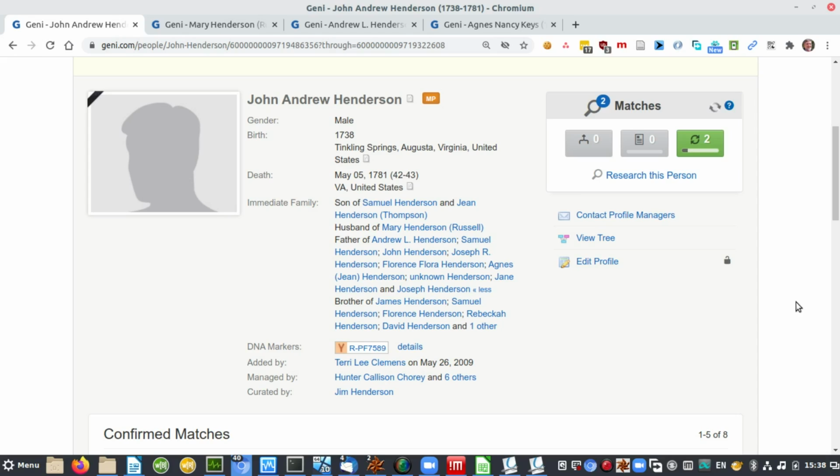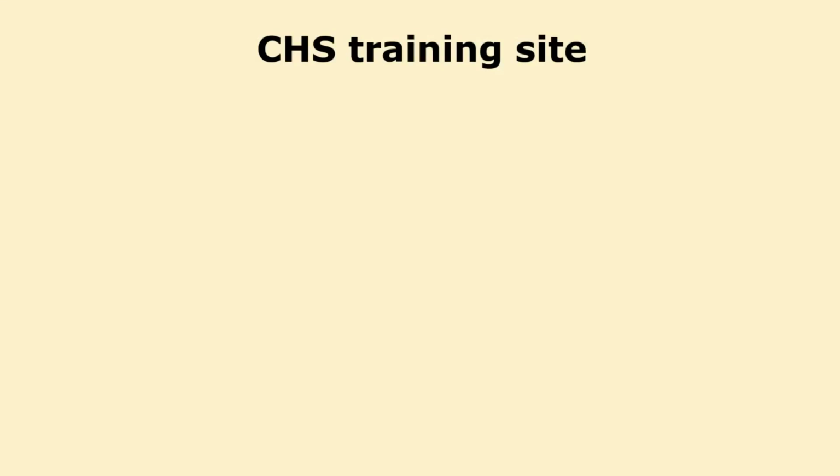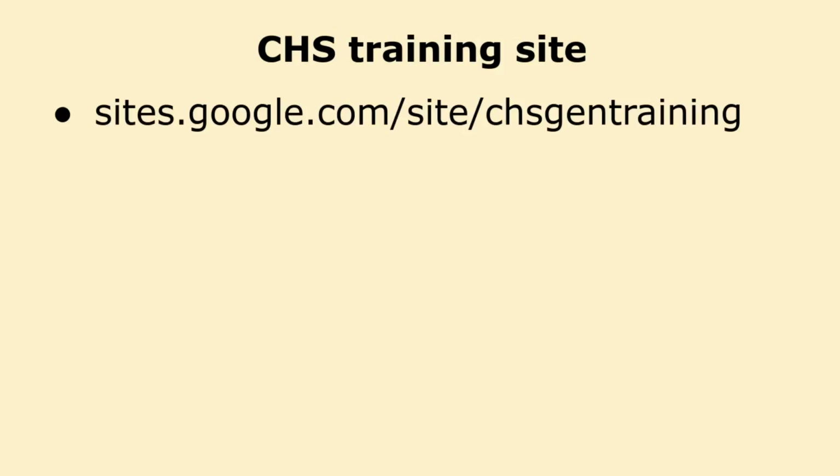If you'd like more information about how to do things at Geni.com and also other genealogical research work, we have a training site that you can go to. Its name is sites.google.com/site/CHS.Gen.training.